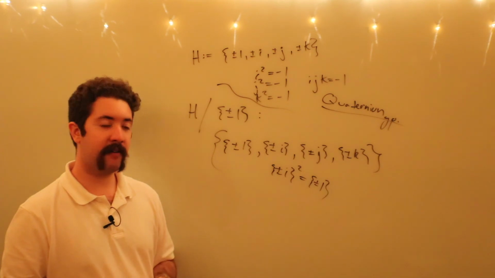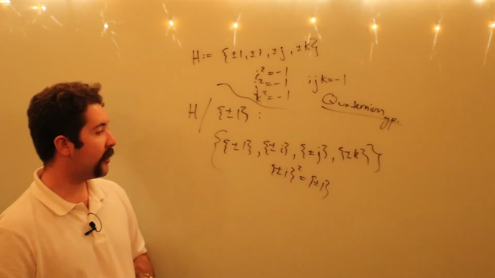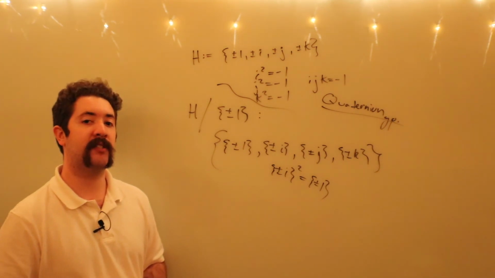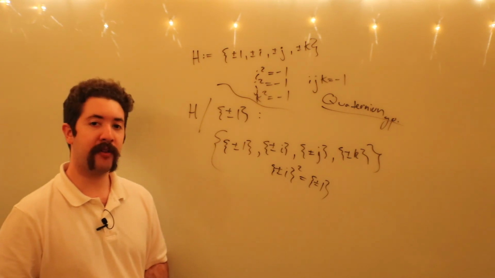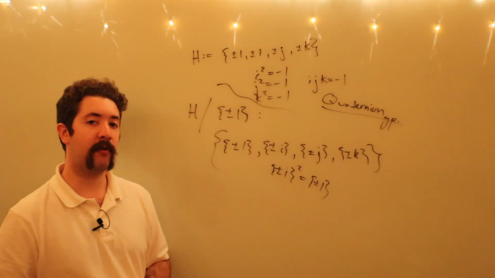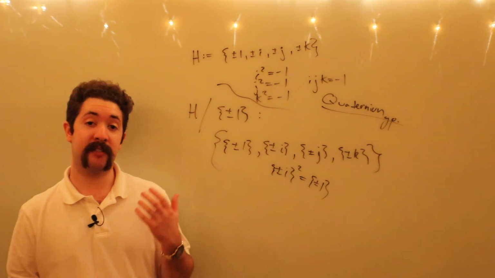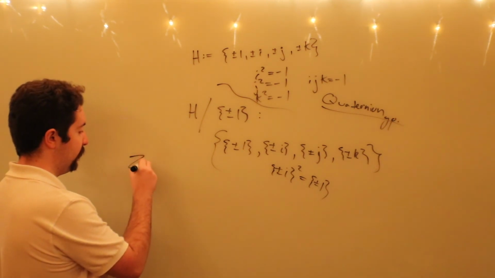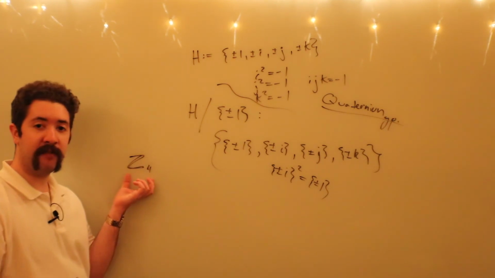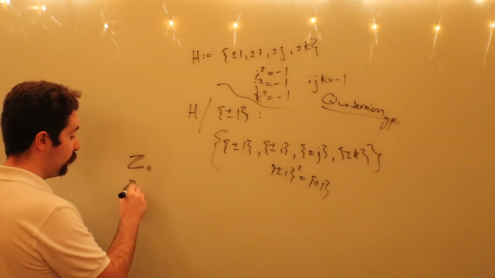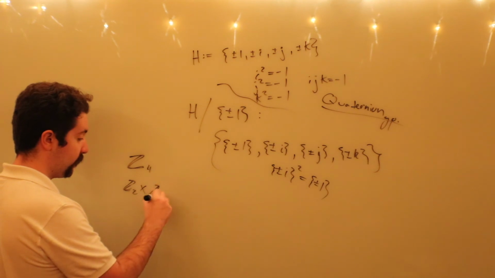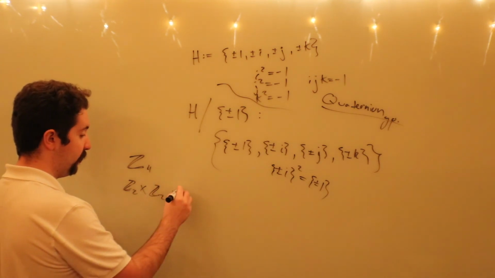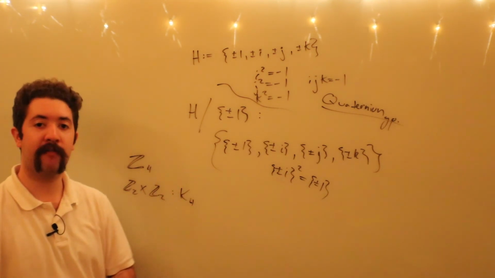So that is just enough information to tell us which group with exactly 4 elements this is. Recall that there are only 2 groups with exactly 4 elements, and we talked about them when we discussed Cayley tables, right? There is Z4, the cyclic group Z4, and there's Z2 cross Z2, which is usually known as K4 or the Klein 4 group.